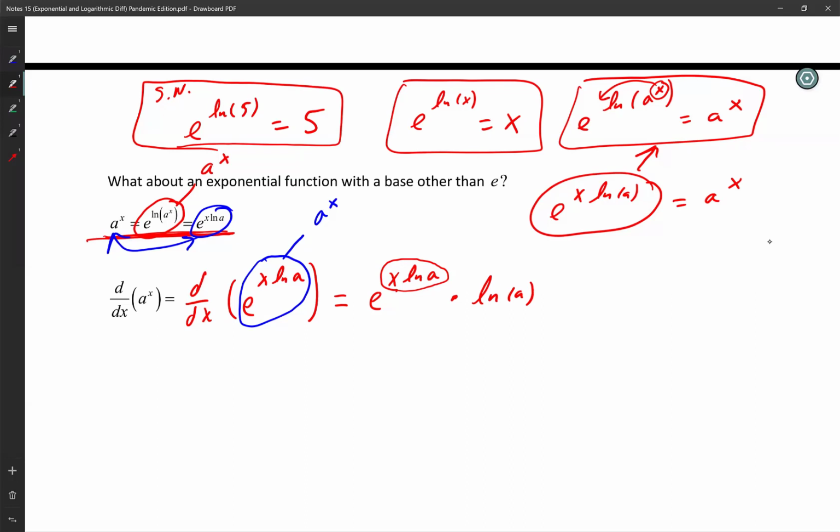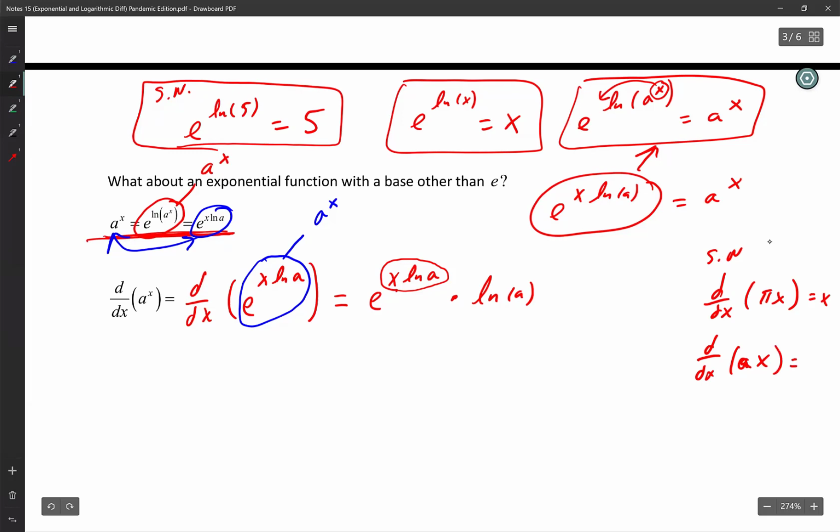No? Okay. Side note. What's the derivative of pi x? Pi. What's the derivative of ax, where a is a constant? A. Yes. What's the derivative of ln a x? ln a.